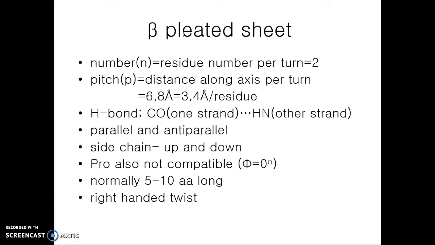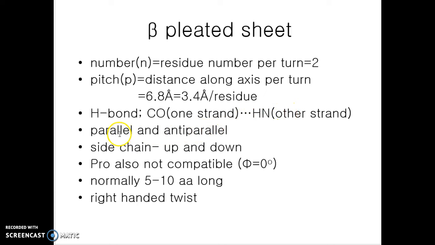Here I summarized the features of a beta pleated sheet. So N is going to be 2, P is going to be about 7 angstrom. There are 2 residues per turn, so it's going to be exactly 3.4 angstrom per residue. Again, hydrogen bonds are made by CO in one strand and NH in the other strand.